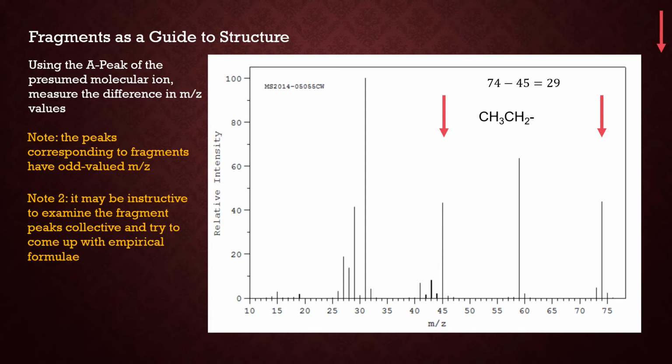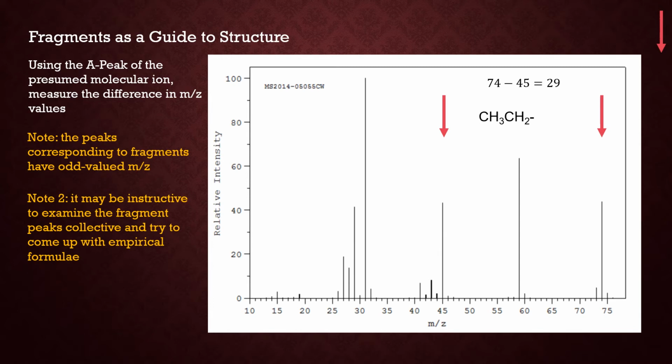So now I want to look at some of these fragments and think about them. What I'm going to look at first is the fact that I have something that falls off weighing 29 AMU, namely the ethyl group. And what falls off is usually neutral, so it leaves behind an ion, and that would correspond in this case to the thing at 45.